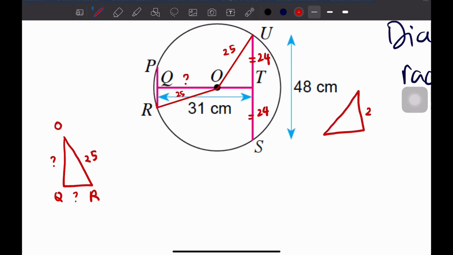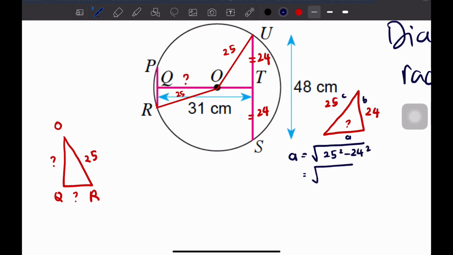So this is 24, 25, and OT, I don't know the length. So let's find OT. This is A, this is B, and this is C. We want to find A. So A is equal to the square root of 25 square minus 24 square.